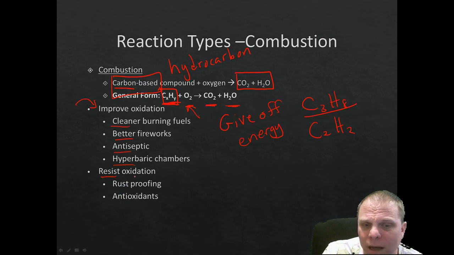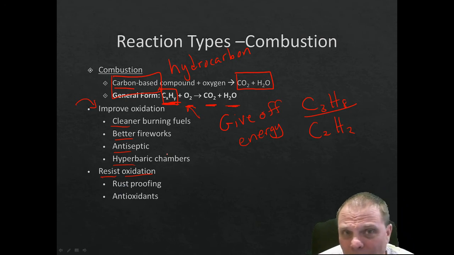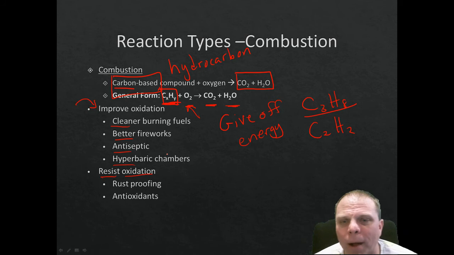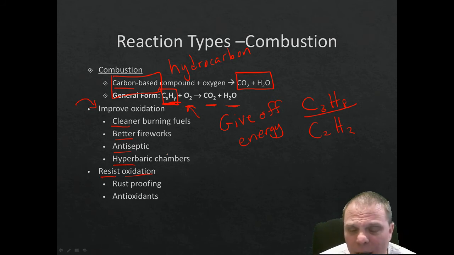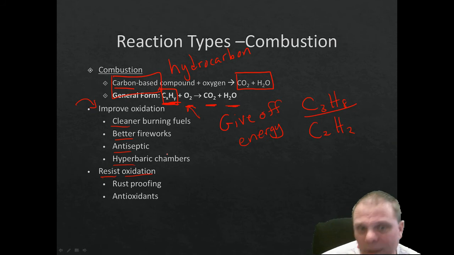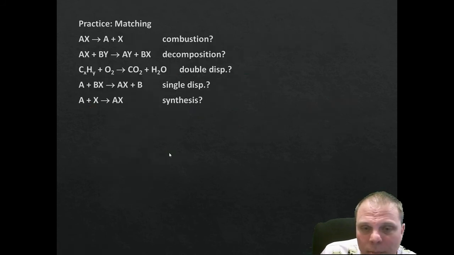We can resist oxidation reactions. If we oxidize something, we are losing electrons. We'll learn about that later on. A combustion reaction, in this case, is almost kind of doing the opposite, and so it's a way to try to slow down the oxidation process.